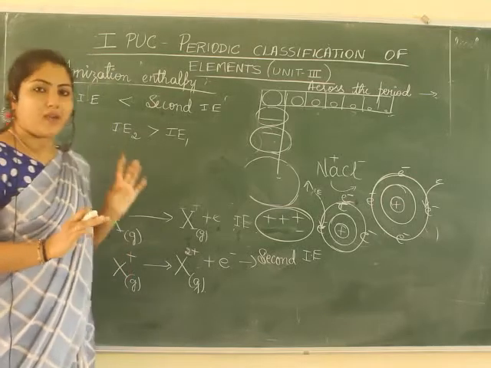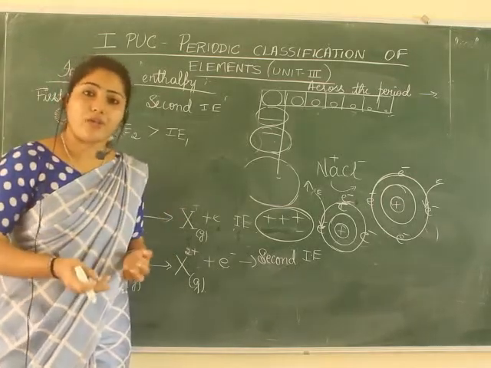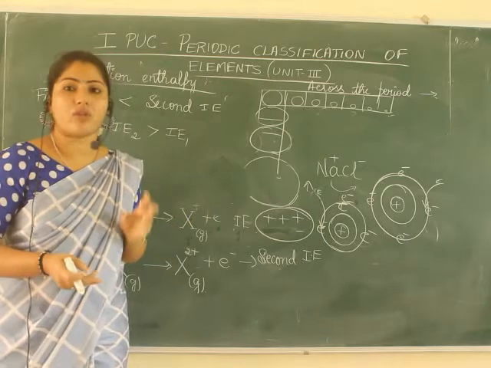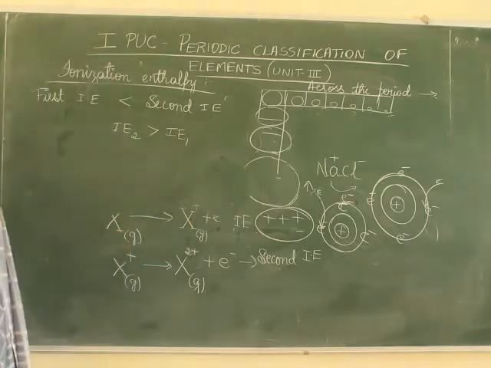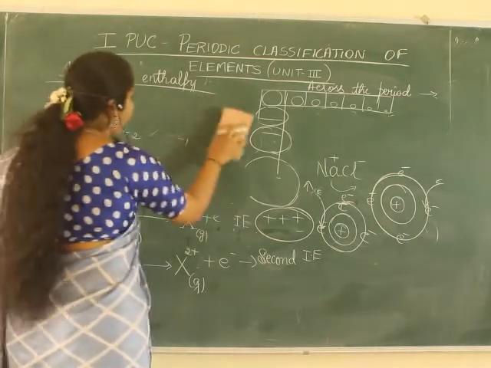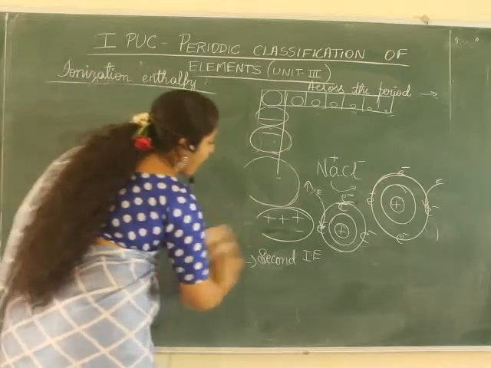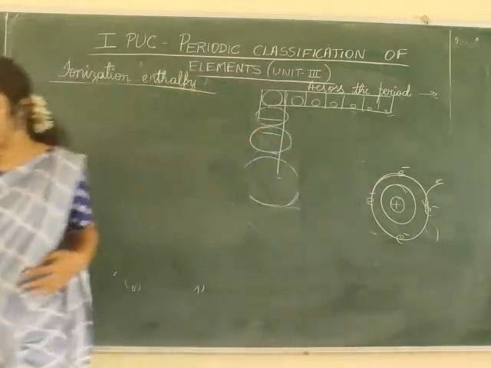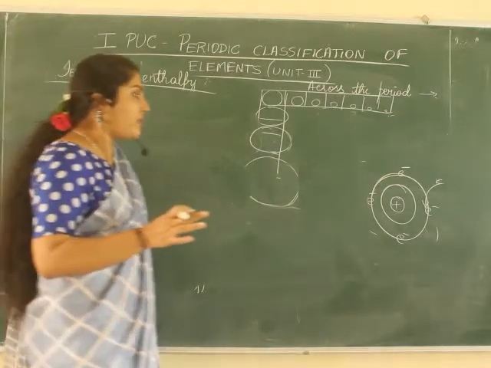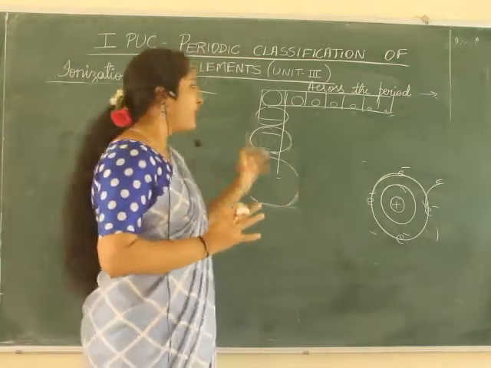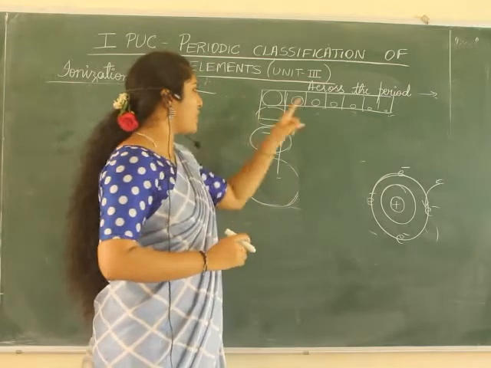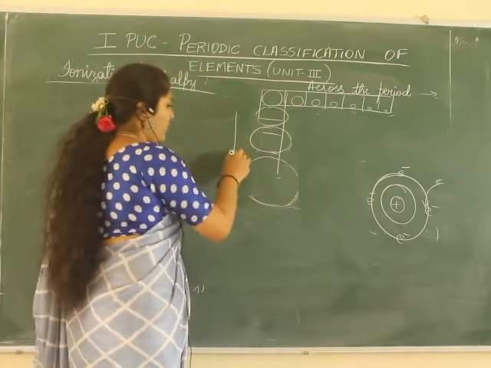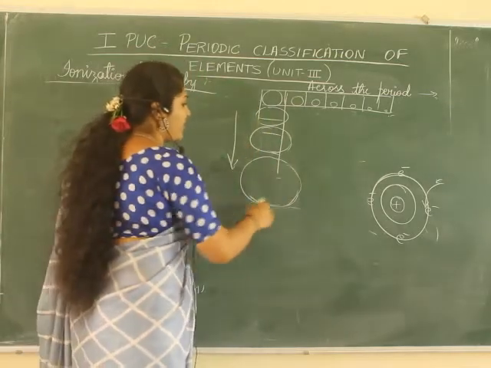So this is about ionization energy, that is, how much energy you need to remove an electron from the outermost orbit. Now let us study the periodic trend, that is, how it varies across the period and down the group. You understand the concept of atomic size very well now. So you tell me, across the period and down the group, how does ionization energy vary?